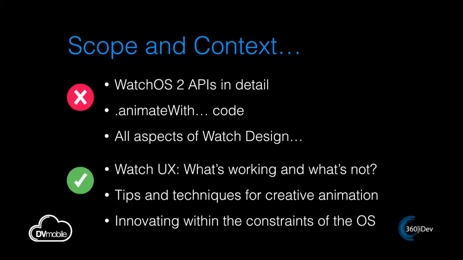We've done some creative animation, meaning essentially free flow animation, on the iPhone, and we want to share with you our story for taking that into the watch, which happens to be very limited in this regard. So the practical piece really comes down to innovating within the constraints of the OS.